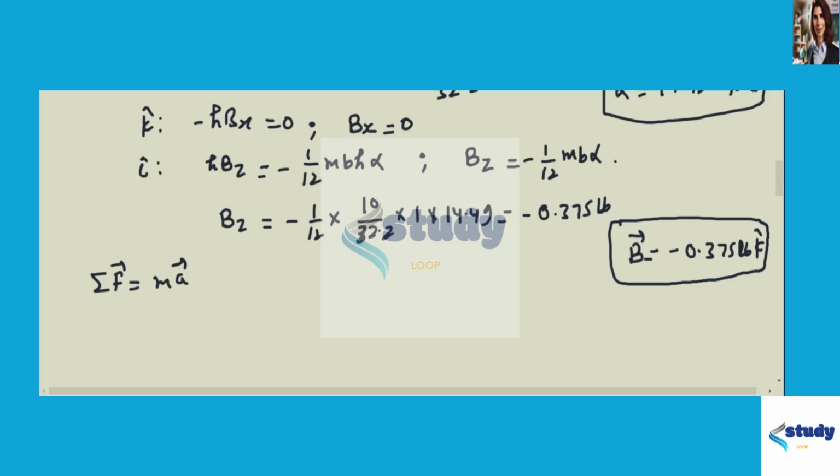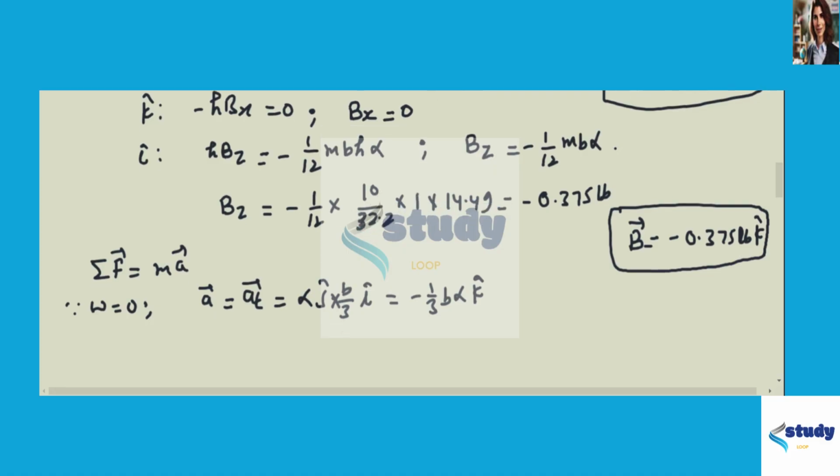Since omega is 0, the acceleration will be only tangential, that is alpha j cap cross b by 3 i cap. There will be a cross product, remember it. So it will be minus 1 by 3 b alpha k cap.